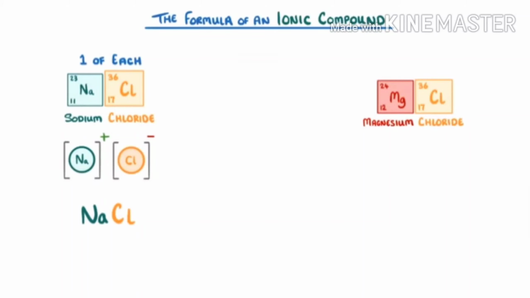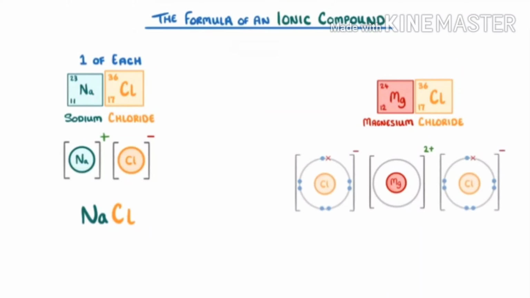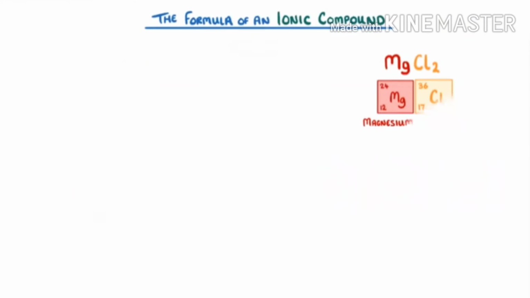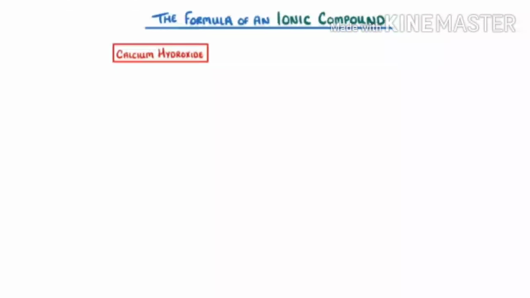Next is magnesium chloride. In magnesium chloride, magnesium has 2 unit positive charge, whereas chloride has 1 unit negative charge. So, to balance 2 unit positive charge, we need 2 negative charge. So, its formula is MgCl2.